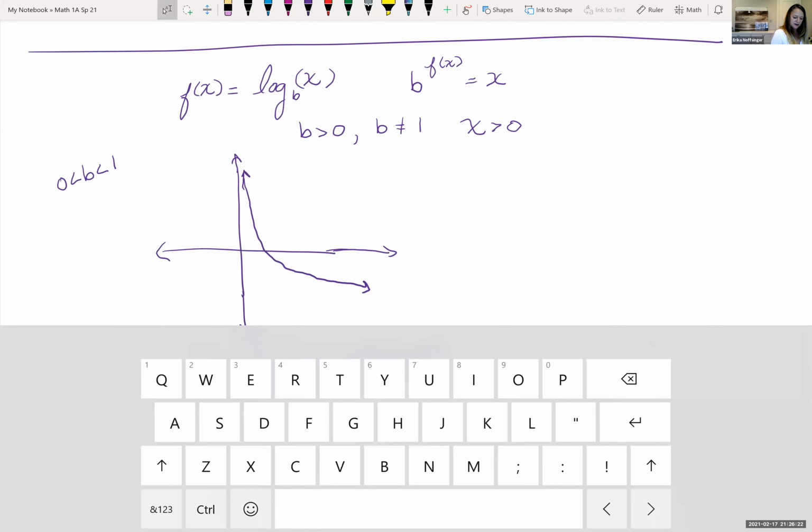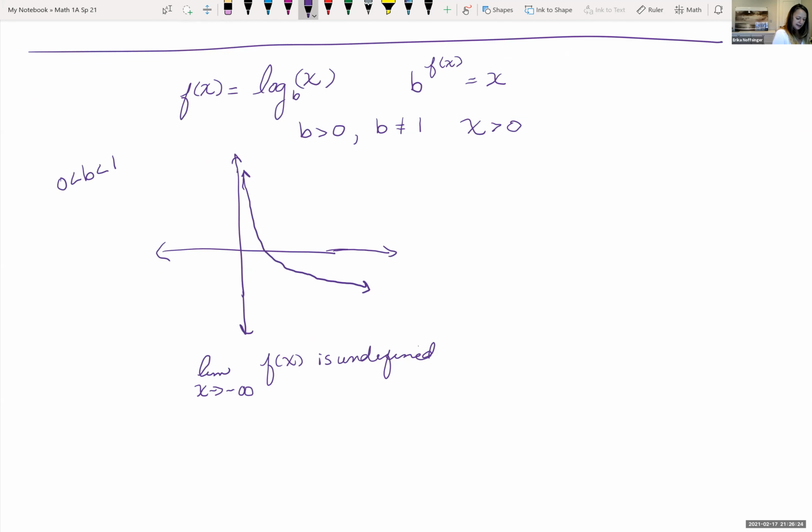We can say, though, that the limit as x goes to positive infinity of f of x kind of looks like it's leveling out and might be a horizontal asymptote, but it's not. It's going to continue to go down, so this is equal to negative infinity.